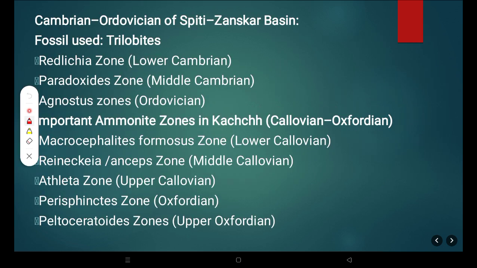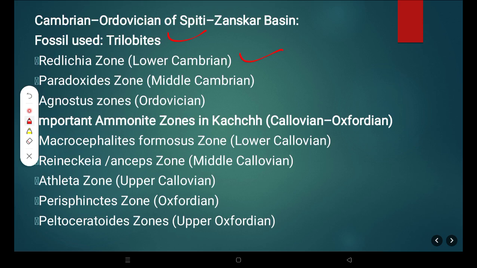Then there are some examples of different geologic ages and their characteristic biostratigraphic zones. For example, for the Cambrian and Ordovician of Spiti, trilobites are mostly used. What are the zones?